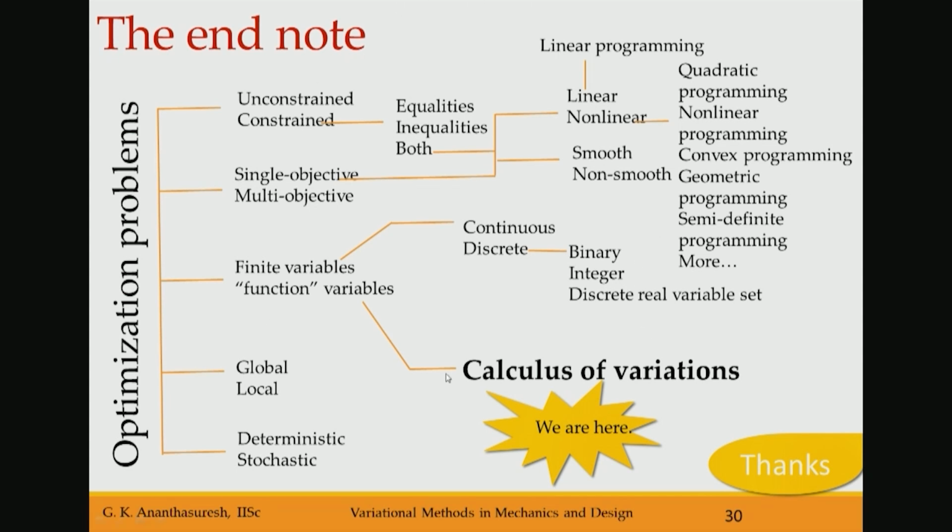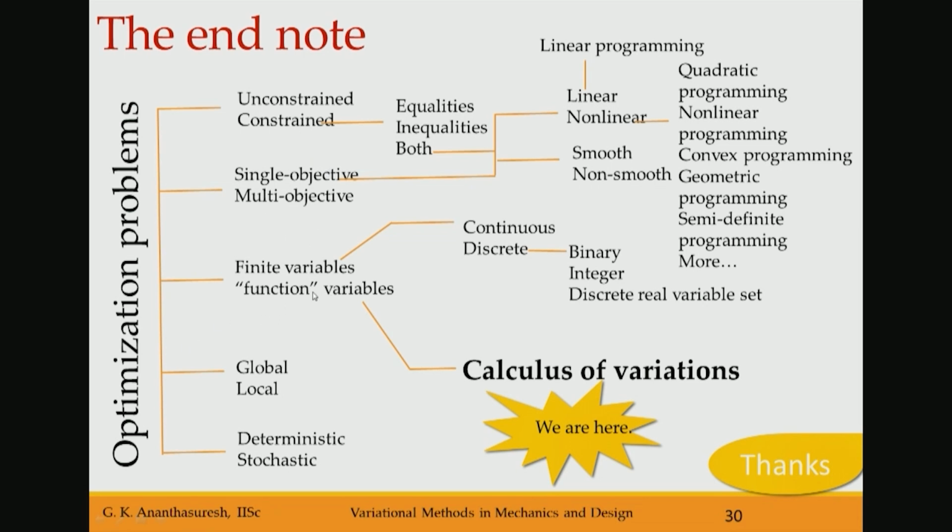Now, let us see where it lies in the panorama of optimization problems. We have unconstrained and constrained problems with equalities and inequalities or both, and there is linear programming, nonlinear programming, quadratic programming, convex programming, geometric programming, dynamic programming. It can be non-smooth or smooth, that is differentiable. All the things are differentiable here, but they may not be differentiable, meaning they do not have a unique gradient or derivative, and there can be single objective or multiple objectives.